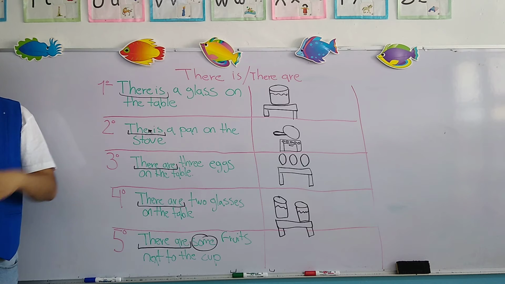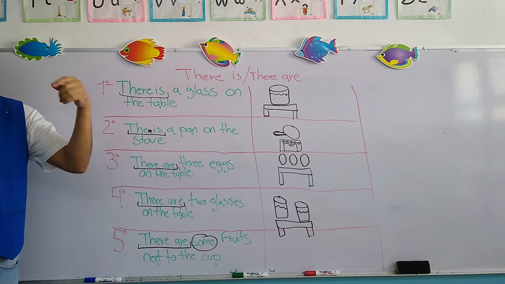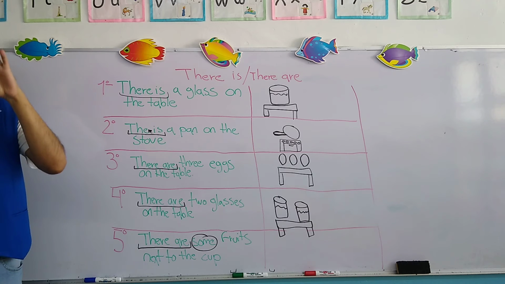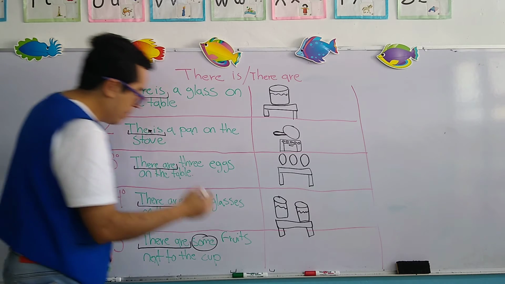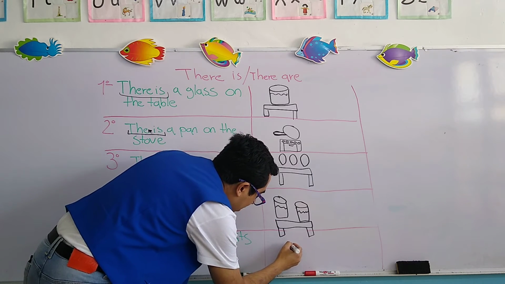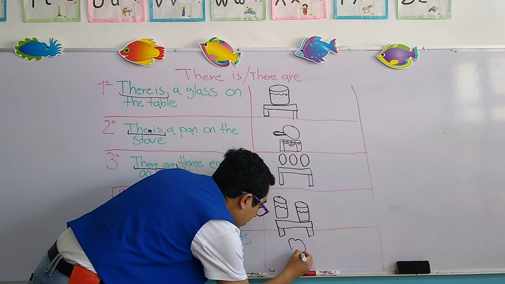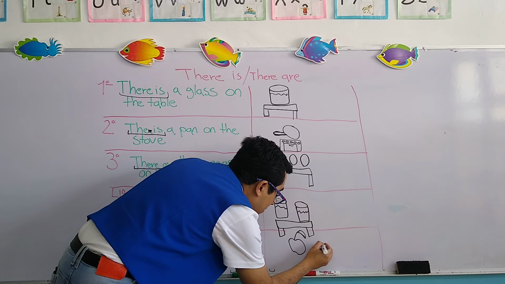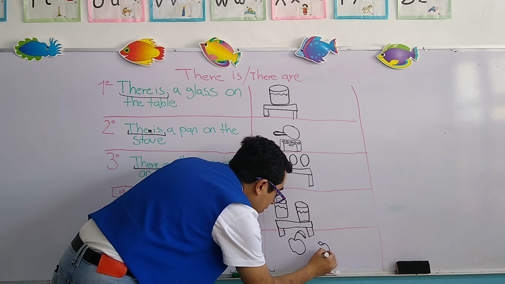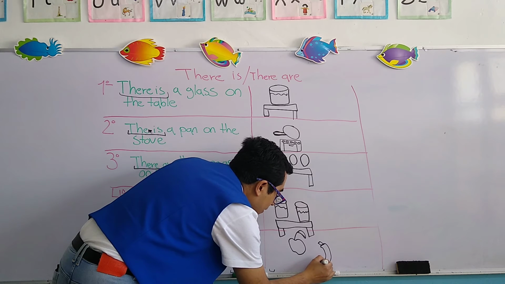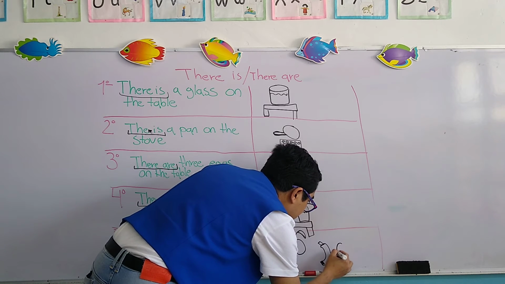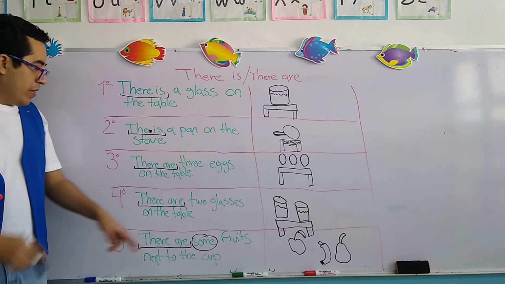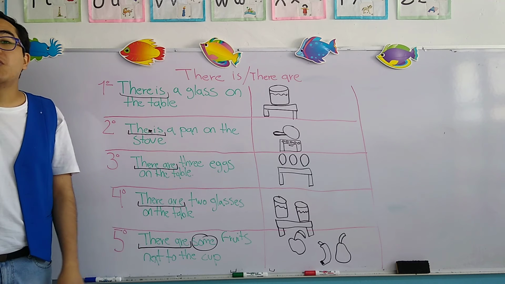Instead of some, which once again could be 4, 5, or 6, we're going to make only 3 drawings, 3 fruits. We can draw, for example, an apple. Okay, there is an apple. A banana. Bananas are very delicious. Okay, and a pear. Very good. So, there are 3 fruits next to the cup.